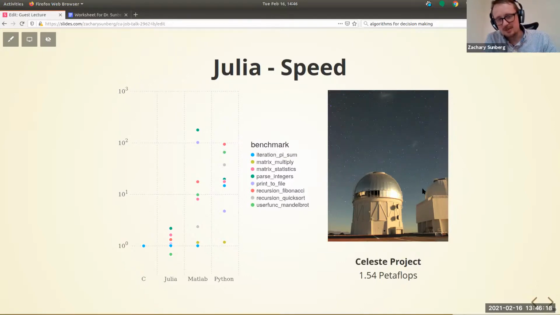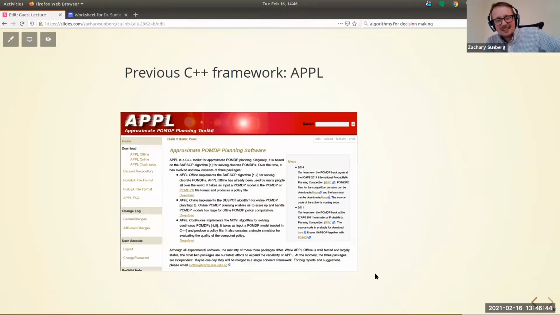And I think maybe the most impressive thing about the speed of this is what's called the Celeste project, which is where they use Julia on a supercomputer to achieve a speed of 1.54 petaflops. And the only other languages that have achieved this kind of speed are statically compiled languages like C, Fortran, or straight up assembly. So I think this kind of shows Julia's speed. We also chose Julia for its flexibility.